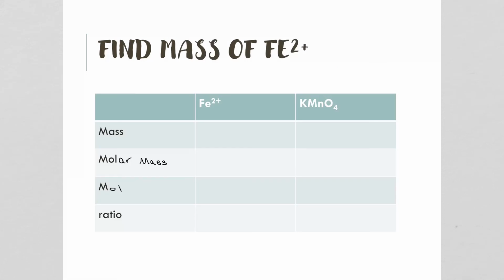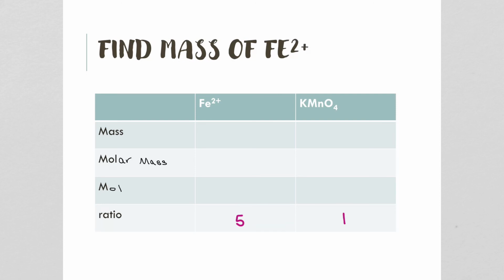So now we can take our information and find out what mass of iron we have, using stoichiometry again. So we know the number of moles of potassium permanganate, but we need to remember the balanced chemical equation. From the balanced chemical equation, we have 5 iron ions for every 1 mole of permanganate.